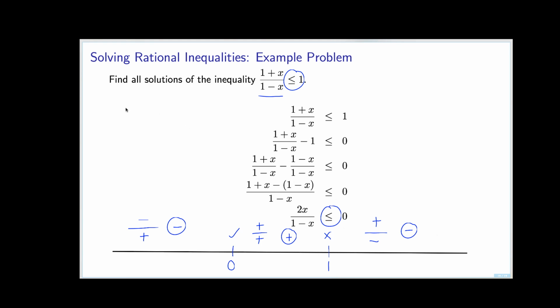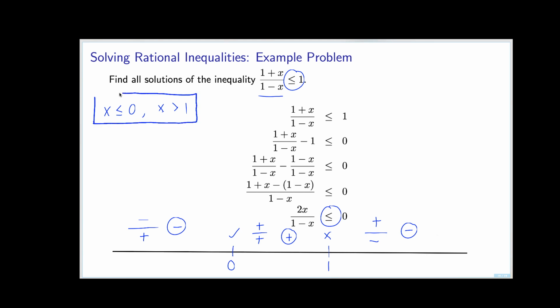So that means our final solution for this one is x less than or equal to 0, so we're including our endpoint of 0, or x can be greater than 1. Remember, we wanted to know where our expression is less than or equal to 0, so x greater than 1. But again, we're not including the endpoint 1 because our expression is undefined when x is 1.